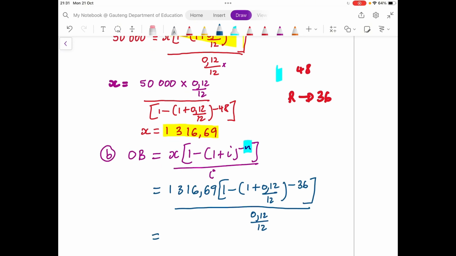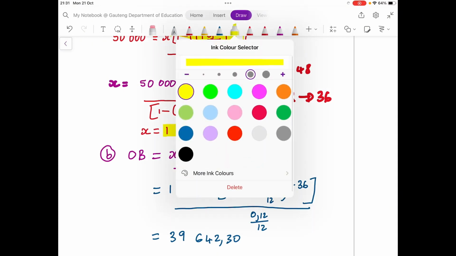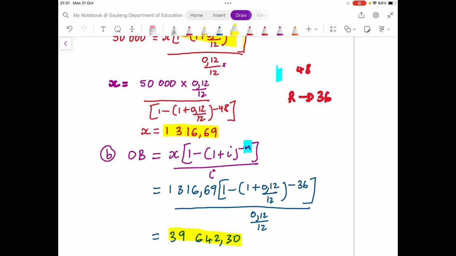The calculator will give us 39,642.30. So this is my outstanding balance. After 1 year, this person is still owing 39,642.30. This is the amount outstanding after 12 payments have been made.